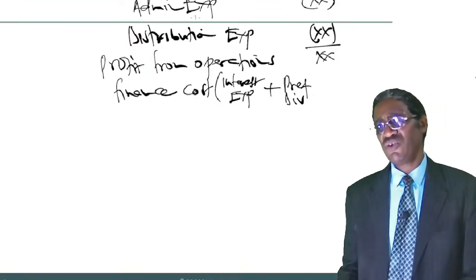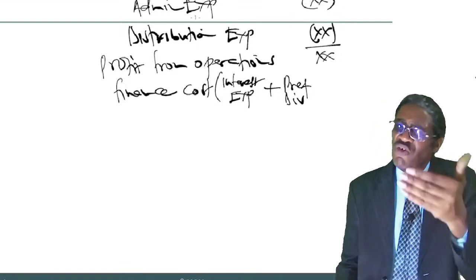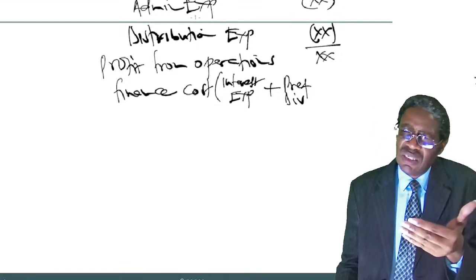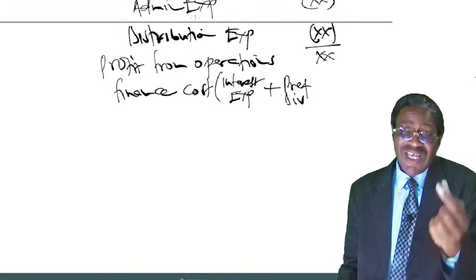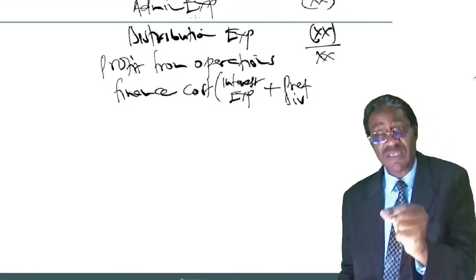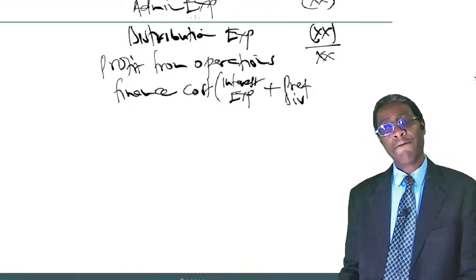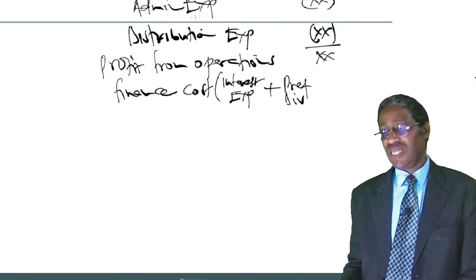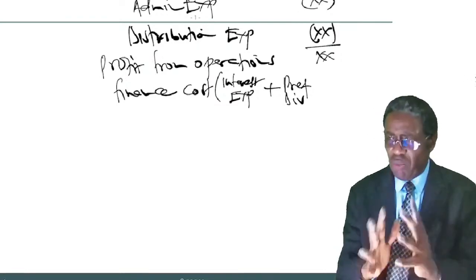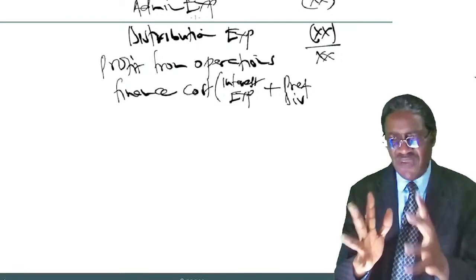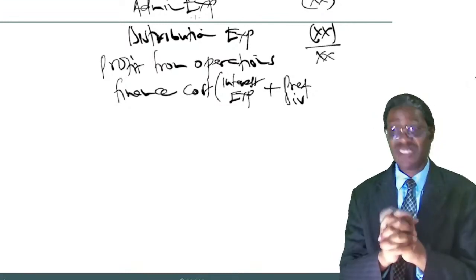Now that I've given you one example, tell me this. Which kind of preference dividends are these that we normally consider that they should be classified as a finance cost? Listen. In normal practice, dividends are normally an appropriation of profit.